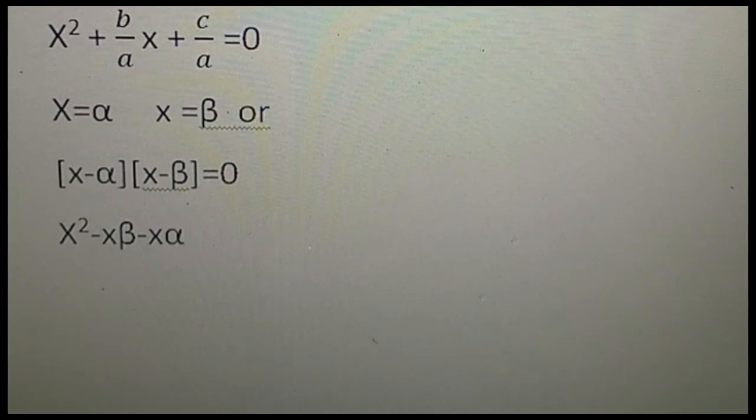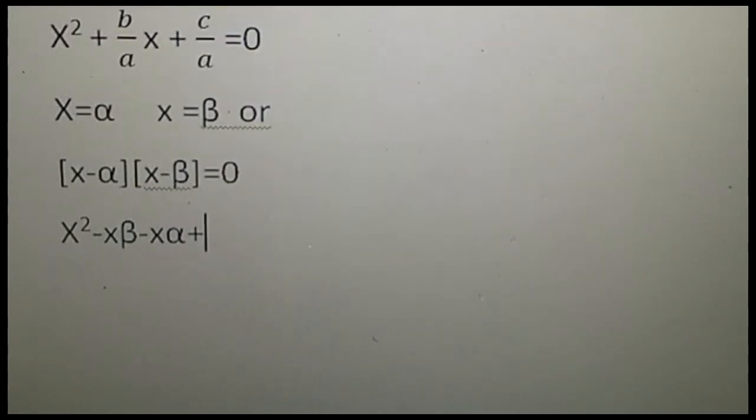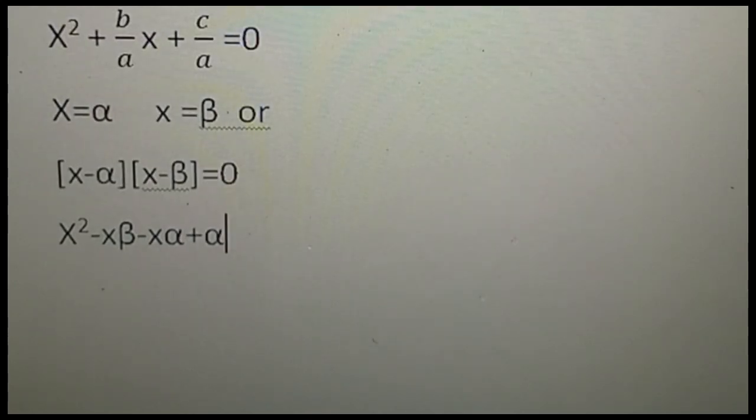Negative alpha multiplied by negative beta gives positive alpha beta, and all equals 0.